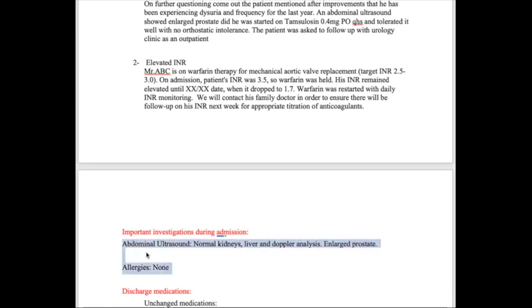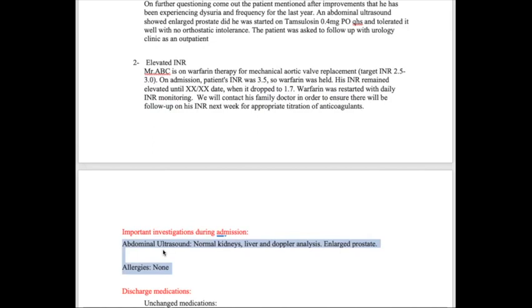And also, it's important to mention investigations in the discharge note, because it depends on the state or the province where you are. Here in Canada, in Alberta, my understanding is that whatever investigations are done are usually uploaded to a centralized network where they can be accessed by other physicians in the community.